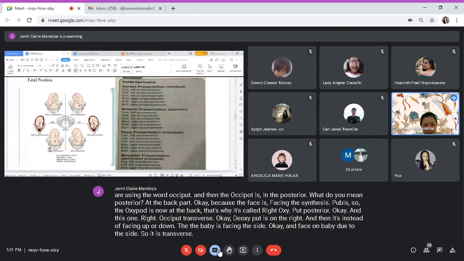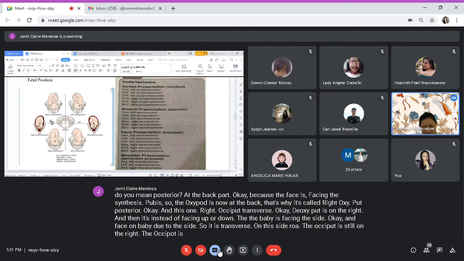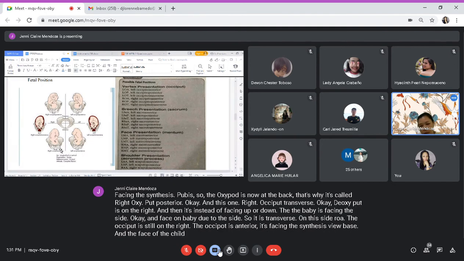On this side, ROA, the occiput is still on the right, and the occiput is anterior. It's facing the symphysis pubis, and the face of the child is facing the anus.